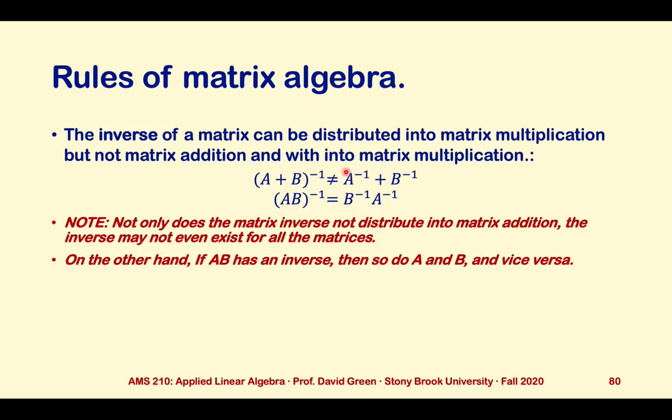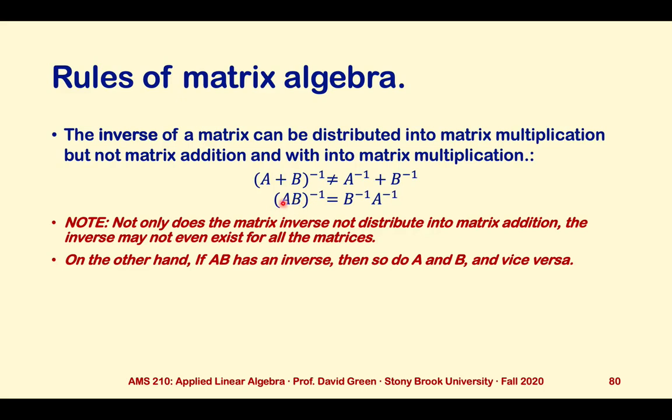A very similar rule occurs with matrix multiplication in the inverse. The inverse of a matrix can be distributed into matrix multiplication as long as this inverse exists.